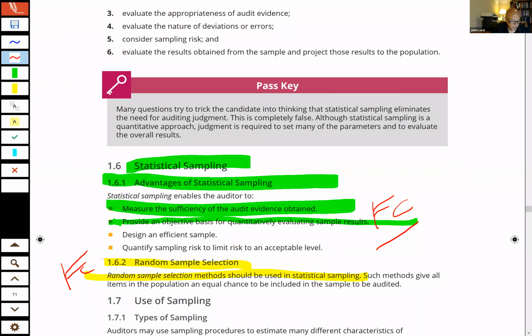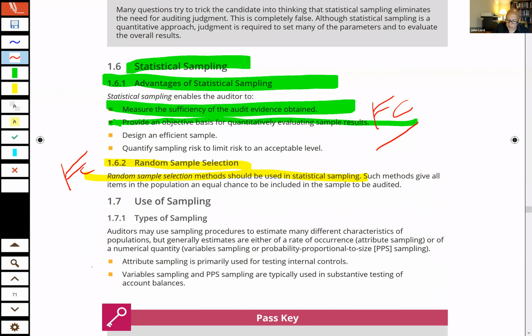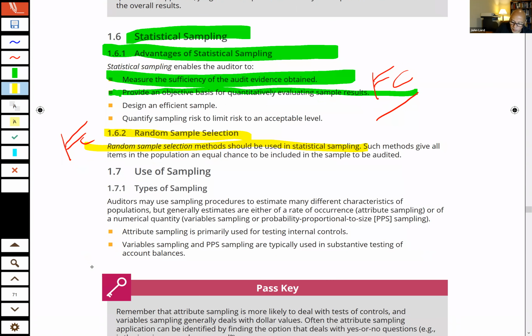We're going to give you an example of some of these things in a couple of minutes. Types of sampling: we have two types. Attribute sampling is used for testing internal controls. When you're looking at attribute, you're asking, does it have a certain attribute? For example, does the time card have the attribute of having been signed by the supervisor?